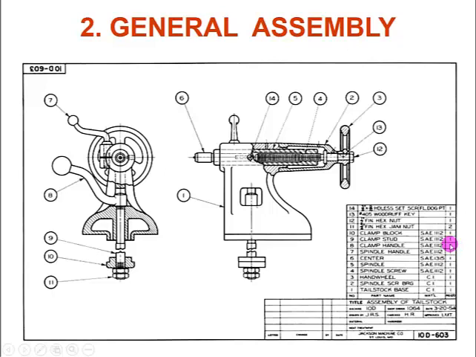And next, for example, number 11. Number 11 is the half fine hexagonal jam nut. We need 2 pieces. That's it. That's the table listing your parts: the name of your part, the number, material, and requirement.